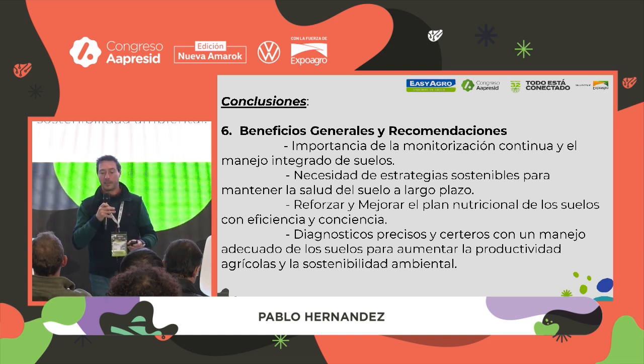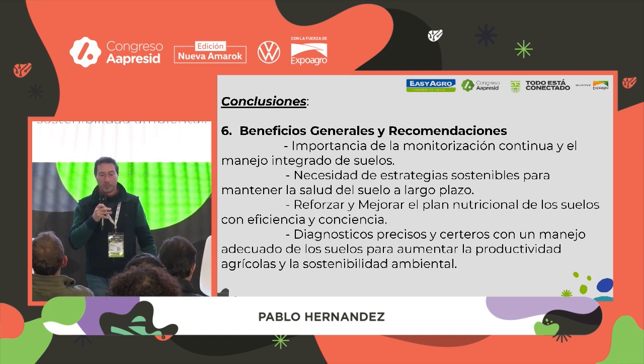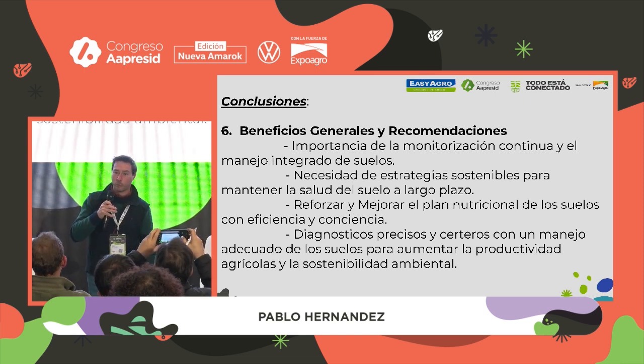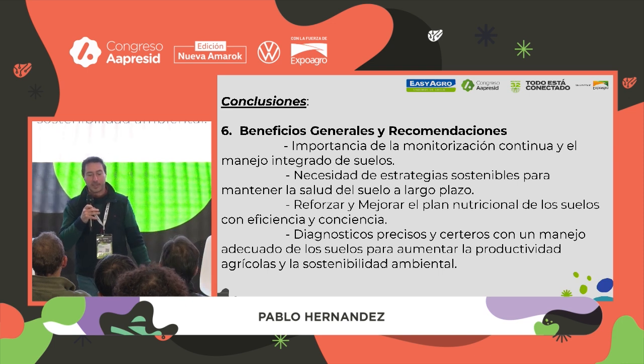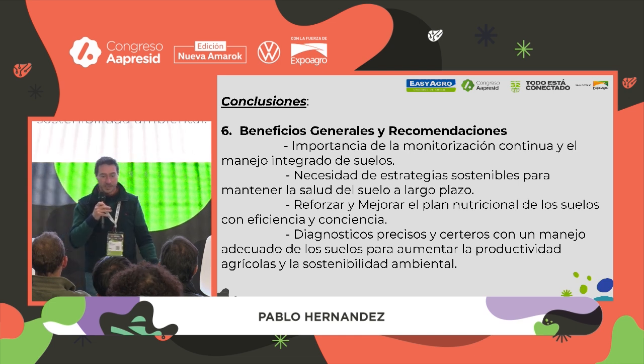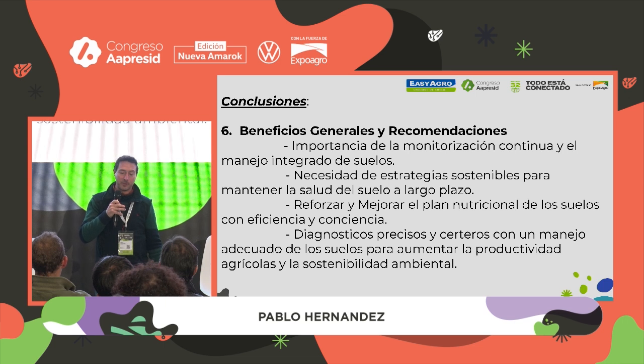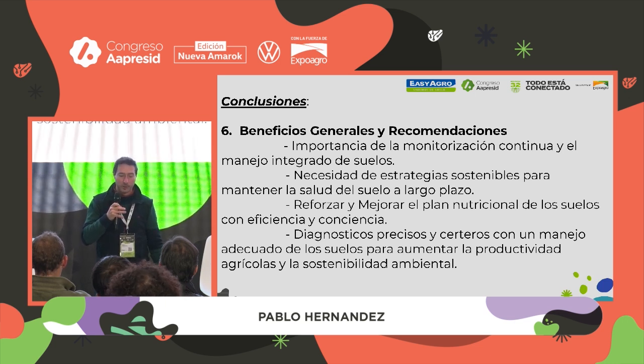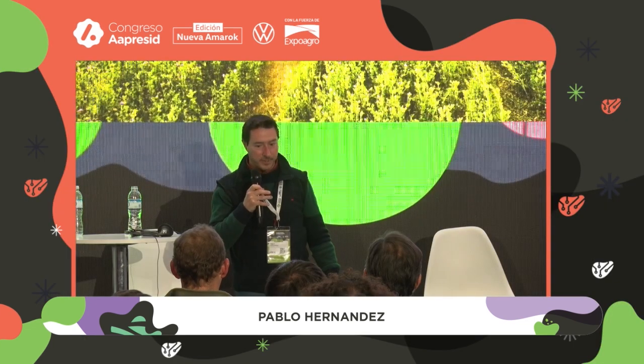So there are general benefits and recommendations: the importance of continuous monitoring and the integrated management of soils, the need for sustainable strategies to keep the health of the soil long term, to reinforce and improve the nutritional plan of soils with efficiency and awareness, precise diagnosis with the right management of soils in order to raise productivity and environmental sustainability.